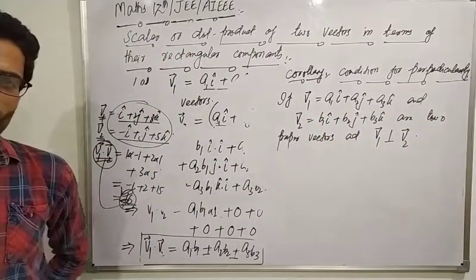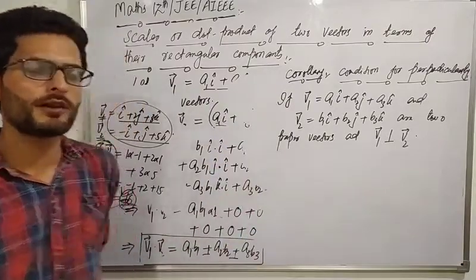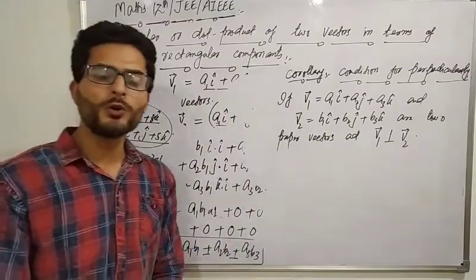So if you have two vectors v1 and v2 resolved in space, mentioned in their rectangular components, such that they are perpendicular to each other.